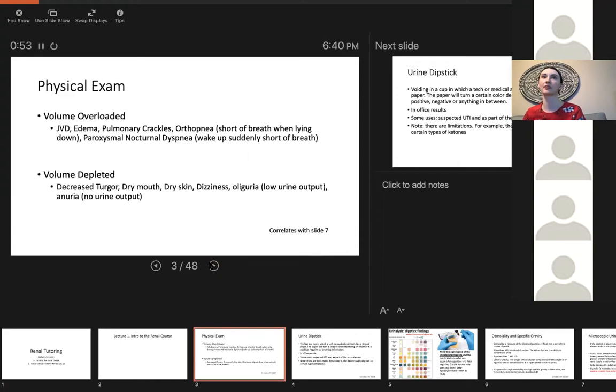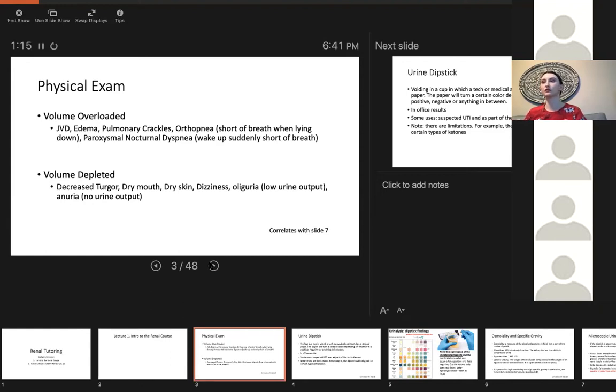Okay, so we're either in two different states. We're either volume overloaded or we're volume depleted. If we're overloaded, we're going to have edema.